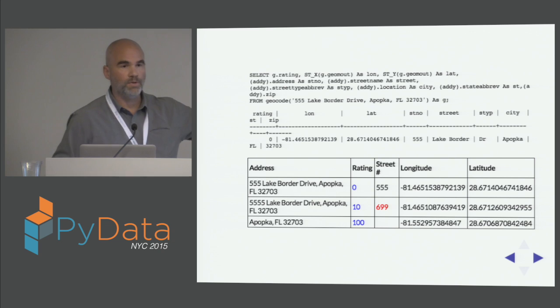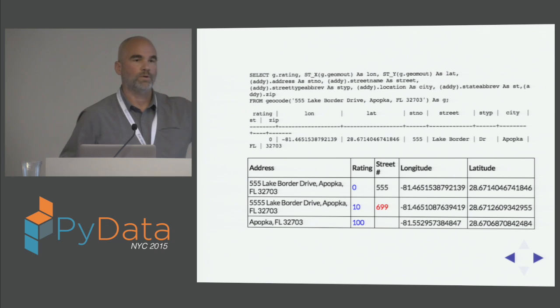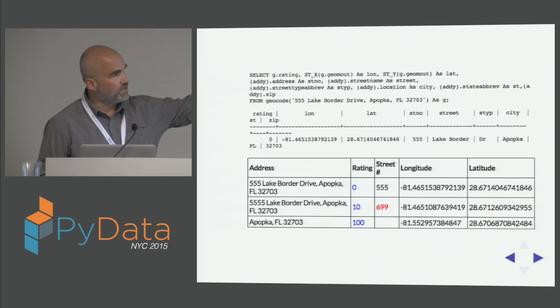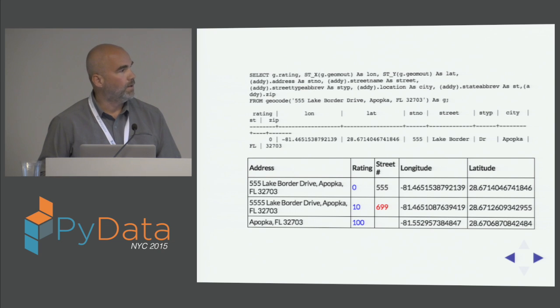I've shown here an example of how you invoke Tiger from pSQL. And you can see you give an address, and it gives you various bits of information about that address. The trick with geocoders is that they're only as good as what you give them in input. So you can see there in this table, there's a rating value. And most geocoders will return some sort of rating that says, yeah, I know where this is.